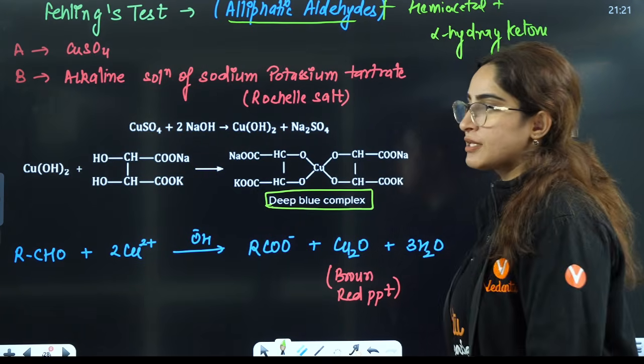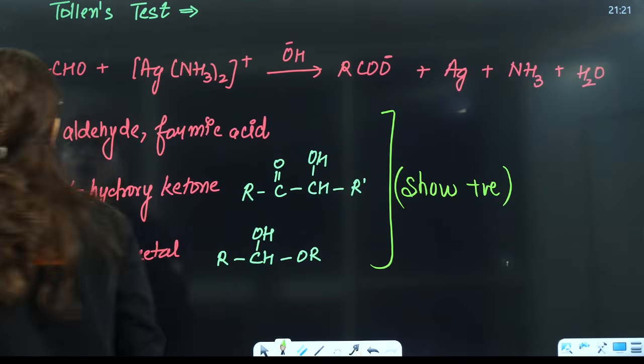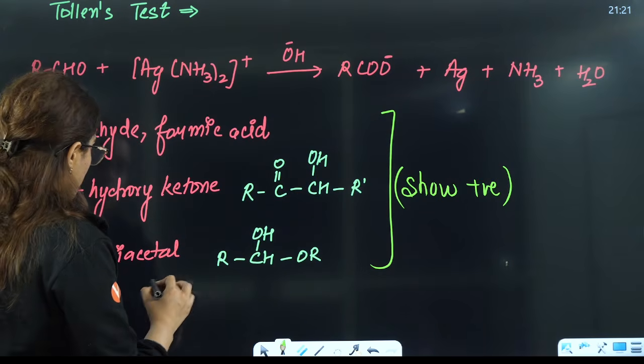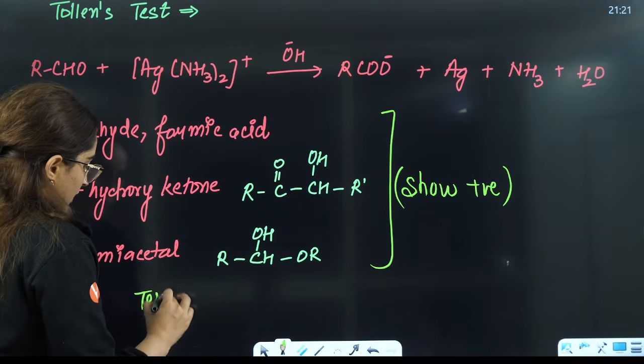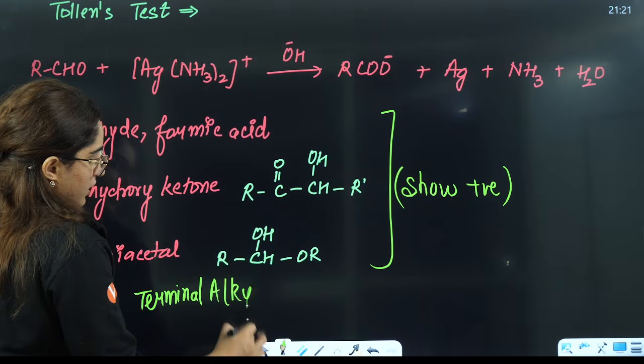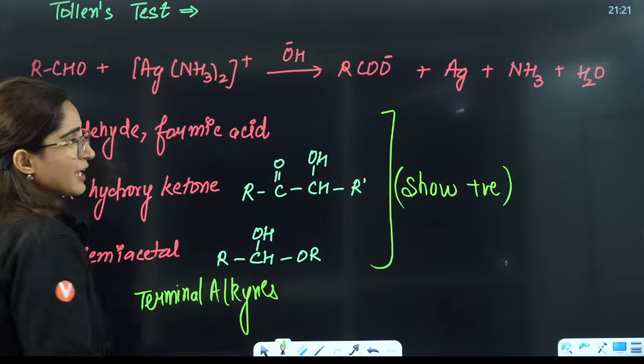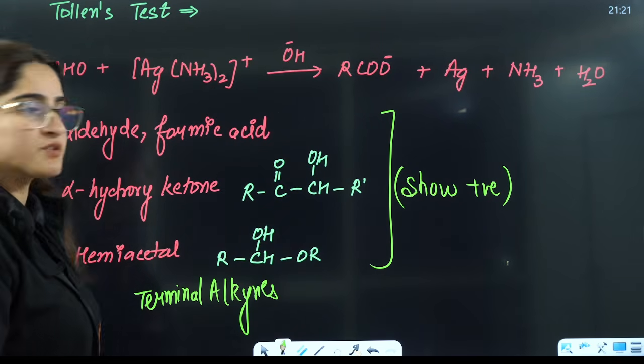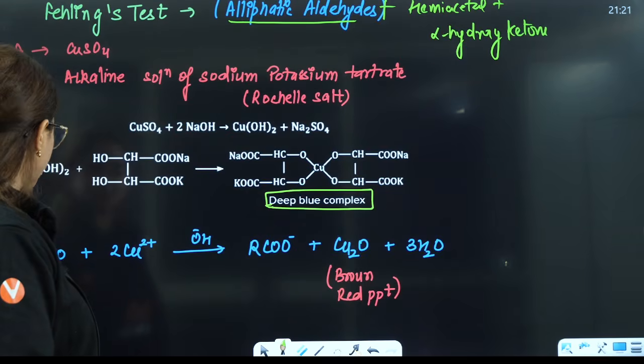All these will give this test, right? And here also you should remember Tollen's test is also given by terminal alkynes, okay? They don't give a silver mirror, they give a white precipitate with Ag positive. So that's why we say that it gives a positive test.